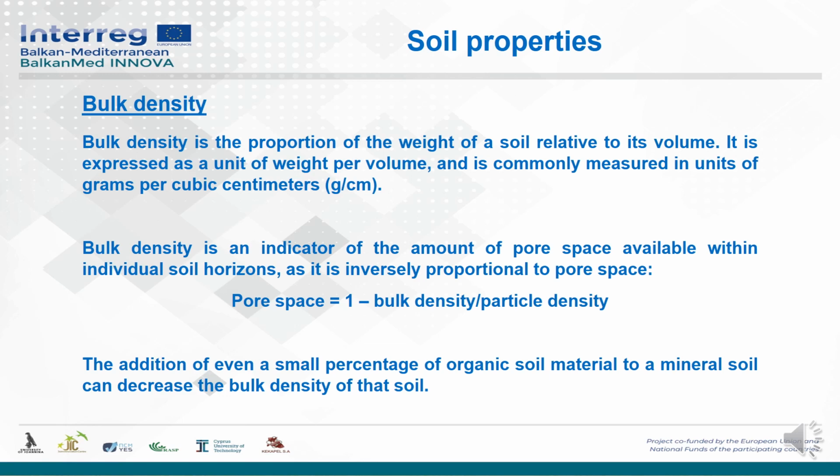So bulk density is an indicator of the amount of pore space available within the individual soil horizons. It is inversely proportional to the pore space. So the pore space is equal to 1 minus bulk density to particle density.